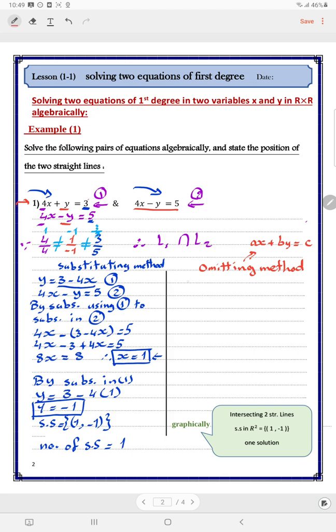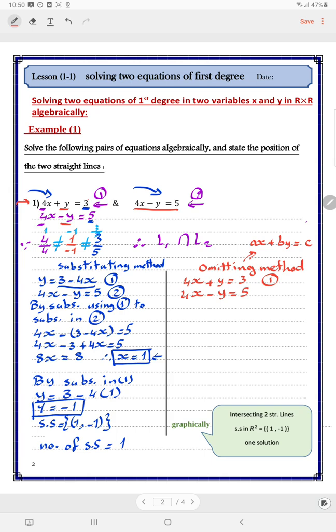I will write x plus y equals 3. This is number 1. The second equation, x minus y equals 5.